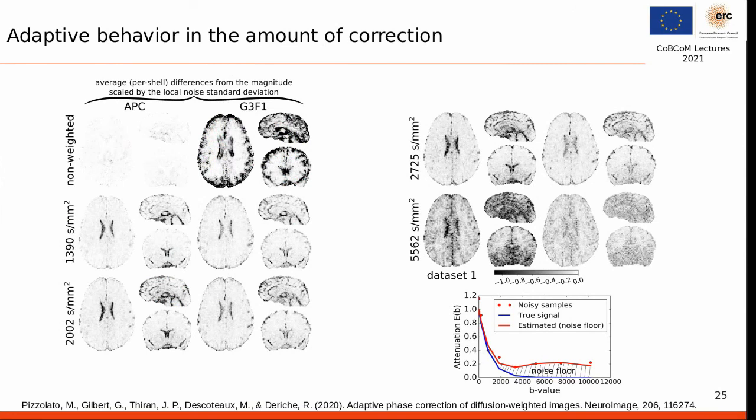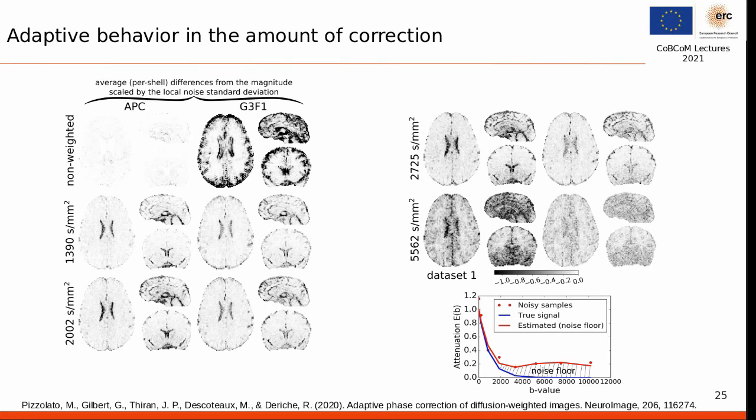So in these images, I plot the amount of correction performed in average by adaptive phase correction on the left and by a competing technique, which is a Gaussian filtering type of technique, on the right.